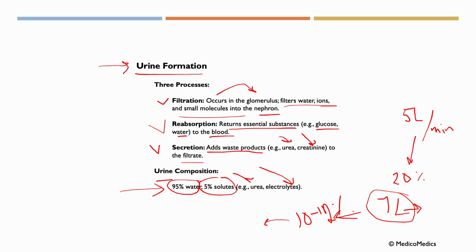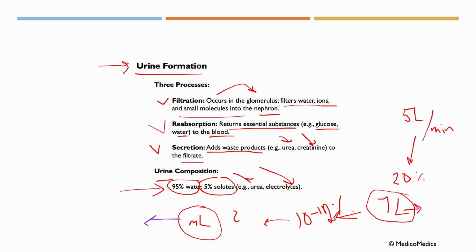So if you take a guess, how many milliliters, not liters, do you think an average adult produces? How much urine do you think an average adult produces per hour?